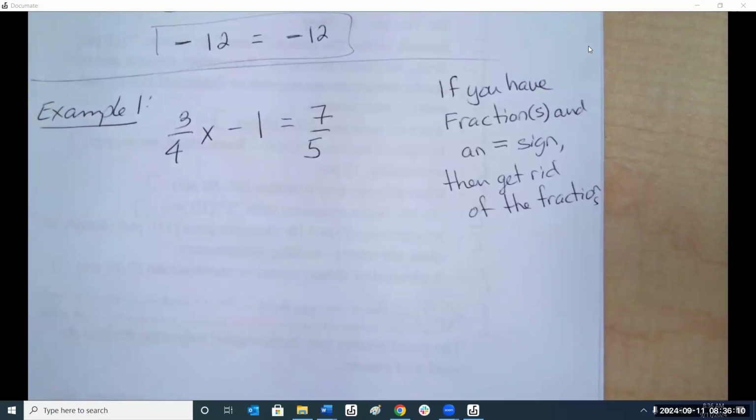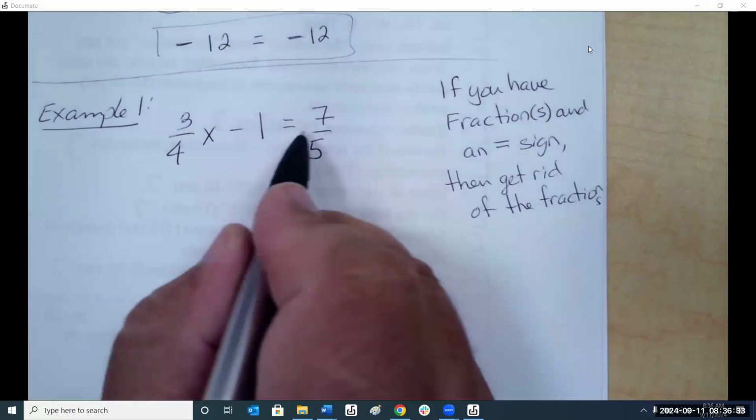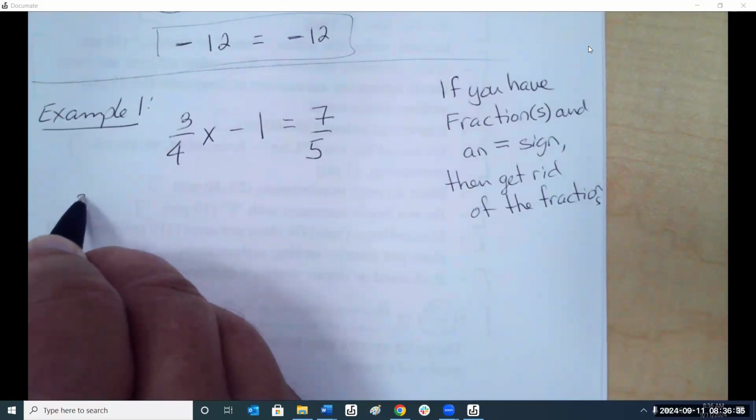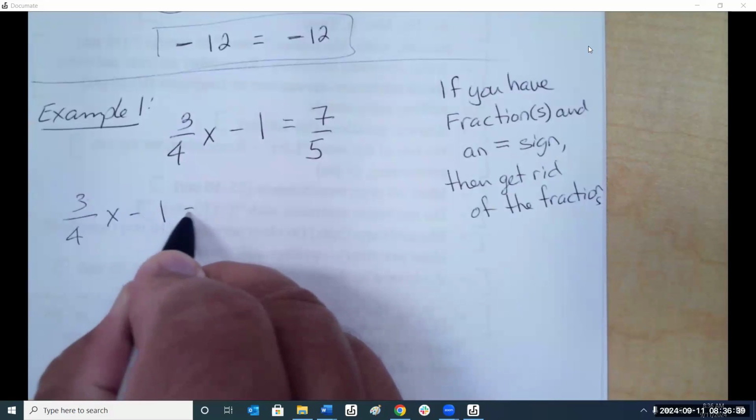Get rid of the fractions. Typically, 70 to 80% of the students, when they see a fraction problem, get nervous. And this part's going to remove that. So this is what it looks like now, and these next 5 steps are always going to be used.